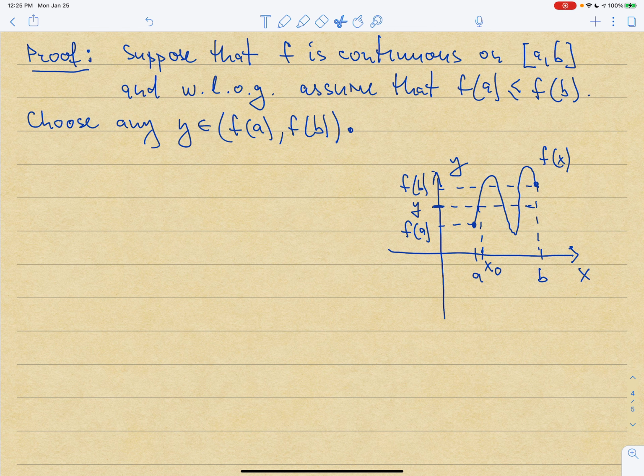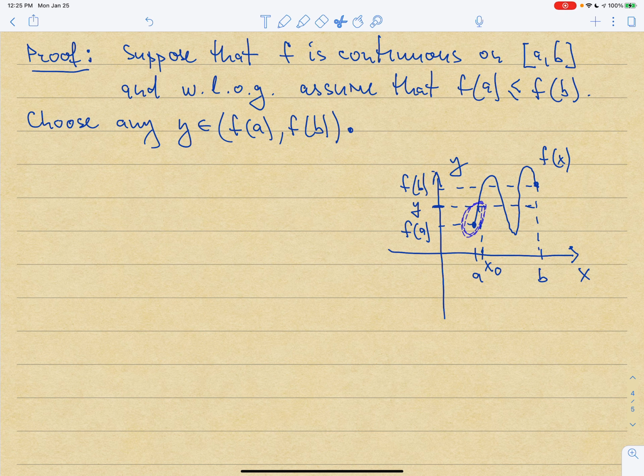All right, so if it is a first point of the intersection, then to the left of this point, what would I expect? I would expect that the graph of my function to the left always has to be smaller than the value of y, right? We can see it here.